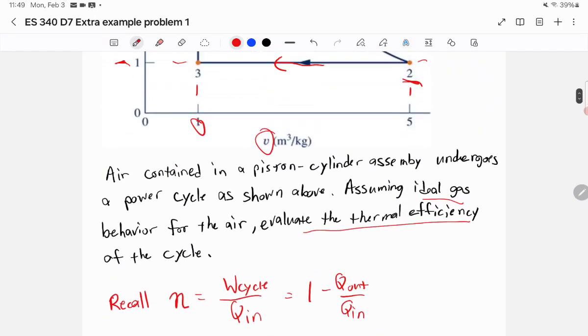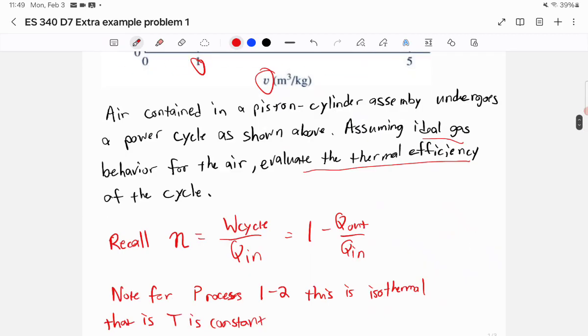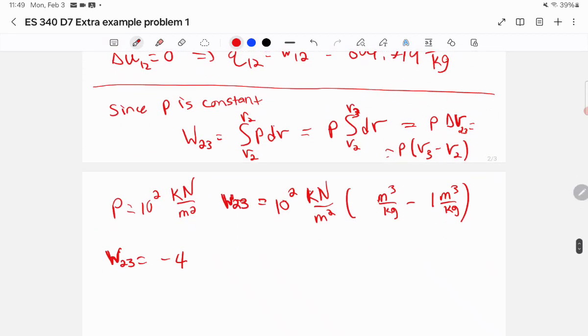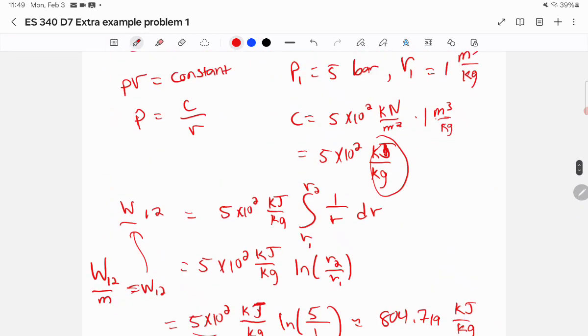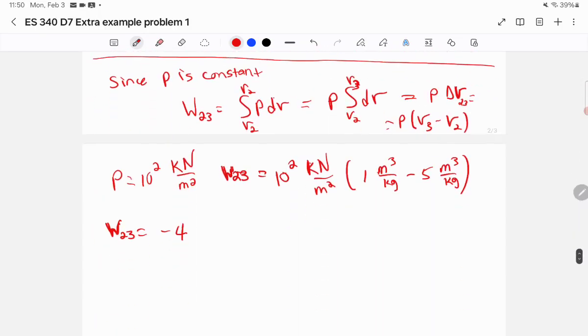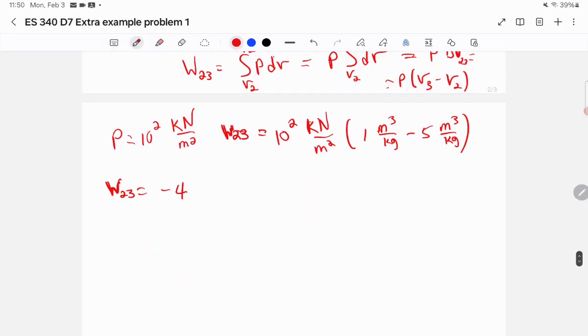V3 was 1. This is why I needed to have my sanity check to remember if I was doing things right. So this should have been 1 minus 5, because state 2 was at 5 and state 3 is at 1. Okay, very good. So this is negative 400 kilojoules per kilogram. That's what we're going to get.